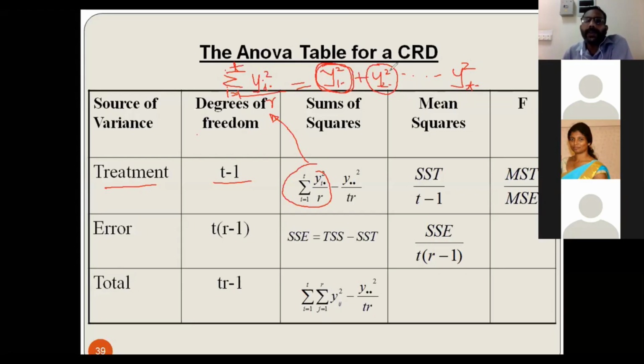T dot squared, squaring it up, divided by respective replicates. So here, if you have the same replicate, no problem, we can divide by the common term r. Sometimes different replicates are possible.